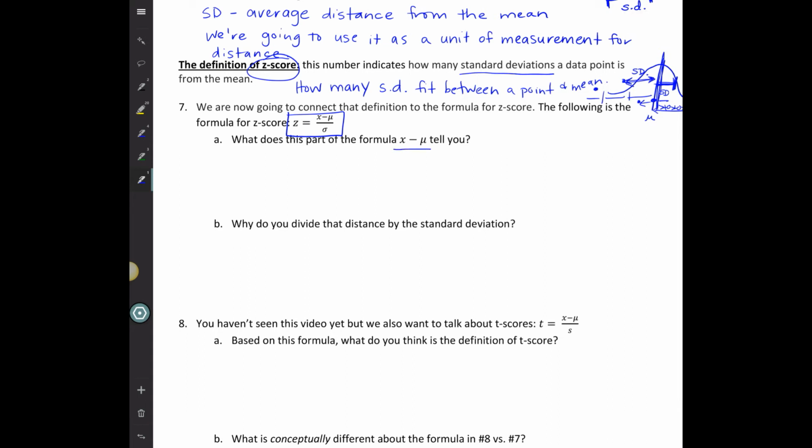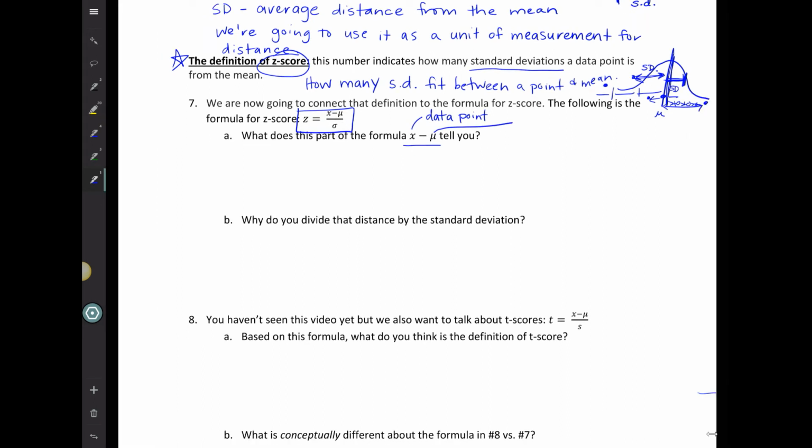Keep in mind this definition. x is just some data point in our data set. X could be any data point. What is this mu symbol for? Hopefully you remember that the symbol mu is representative of the population mean.